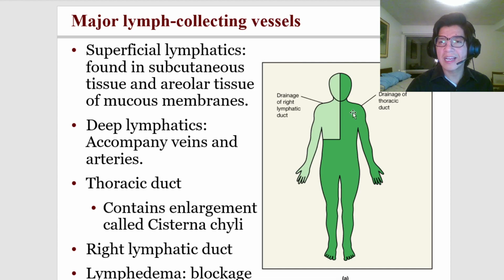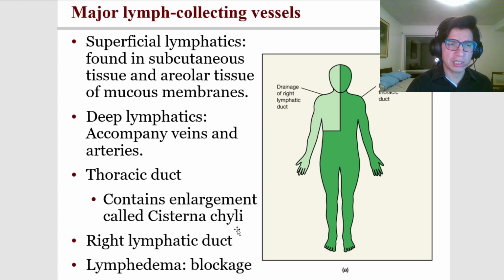Mirror trunks happen on the other side, draining into the thoracic duct. We also have the intestinal trunk draining the digestive system, and the right and left lumbar trunks draining the lower extremities.